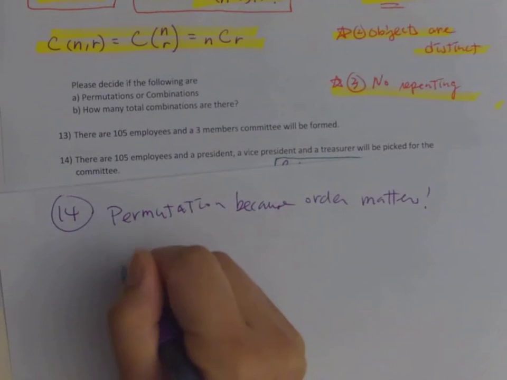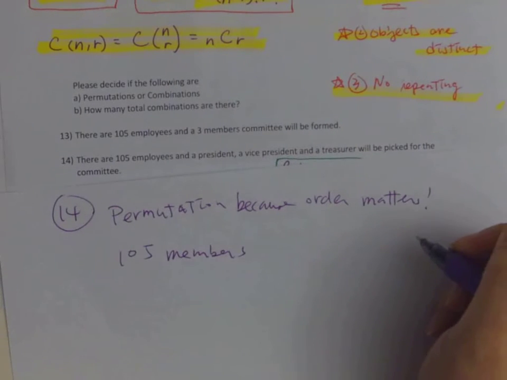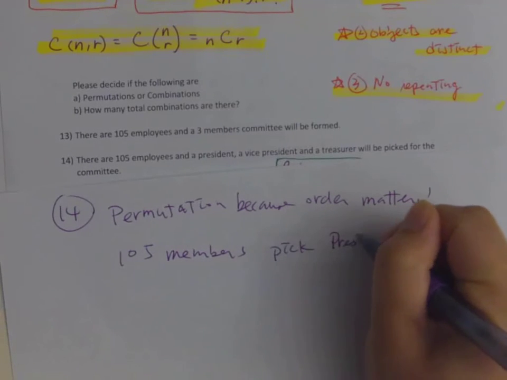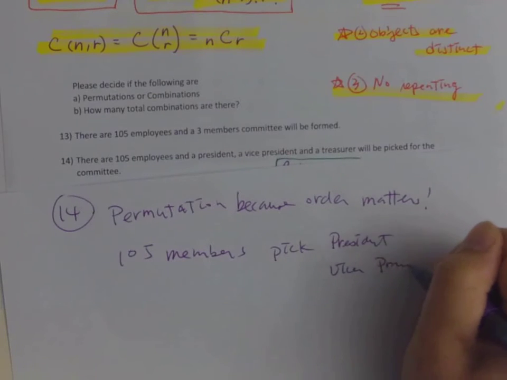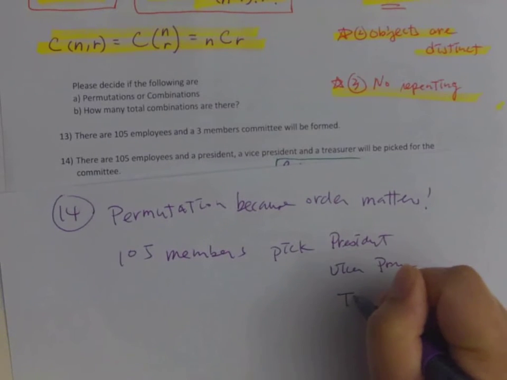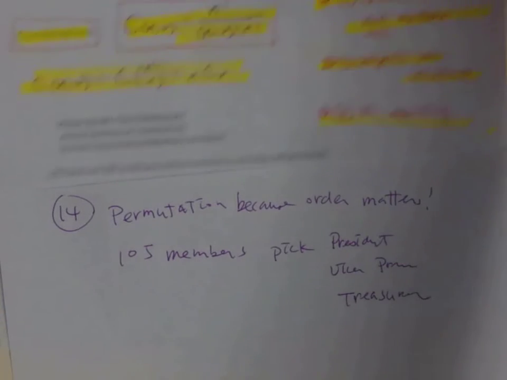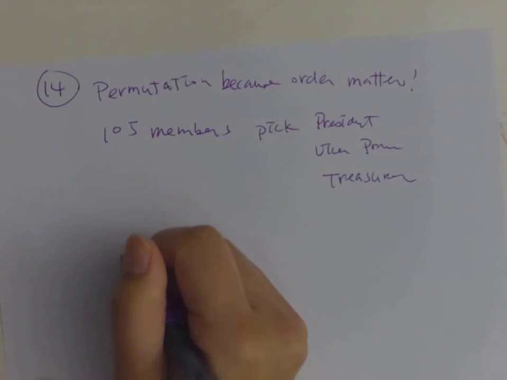What are we doing? 105 members, and then you will pick a president, vice president, and treasurer, right? So this is permutations.